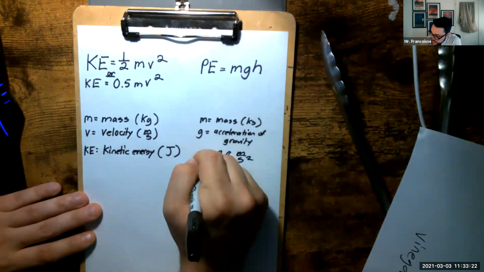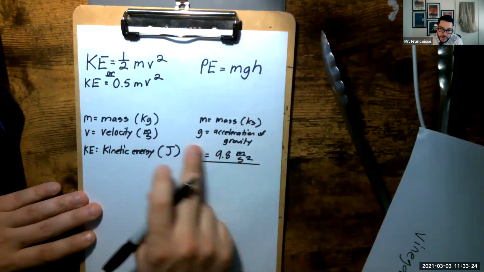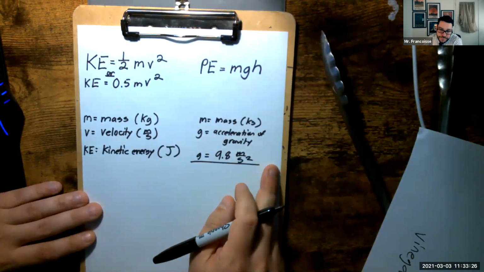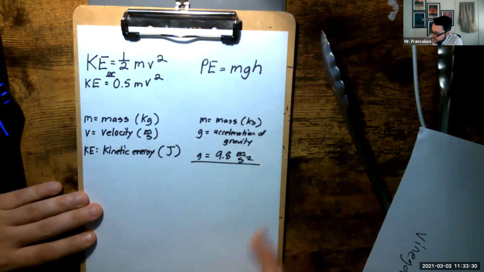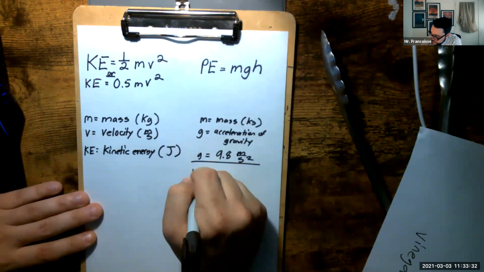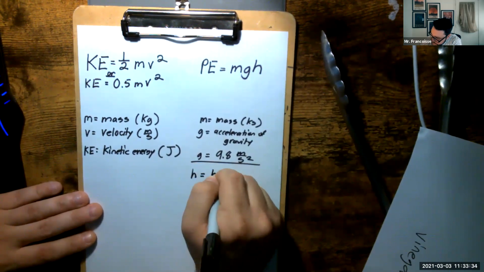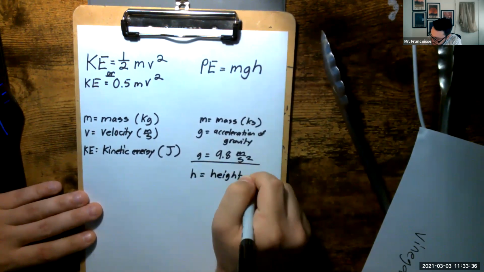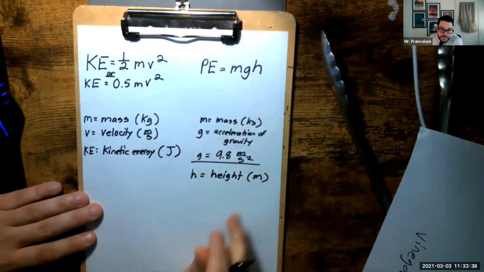So g is always equal to this for all of our problems. And then h is our height, in units of meters.